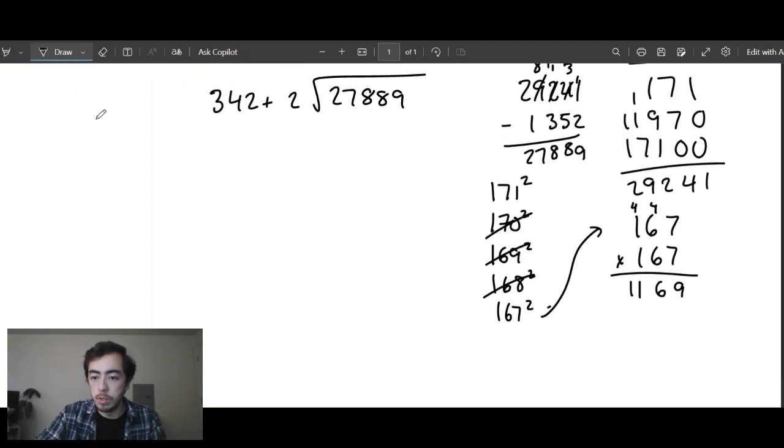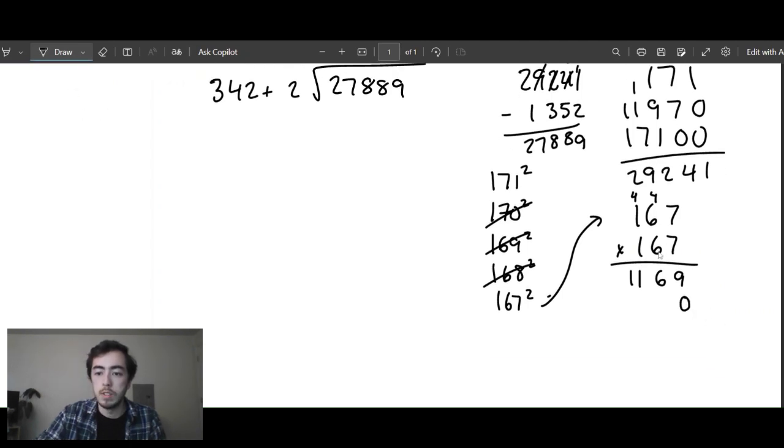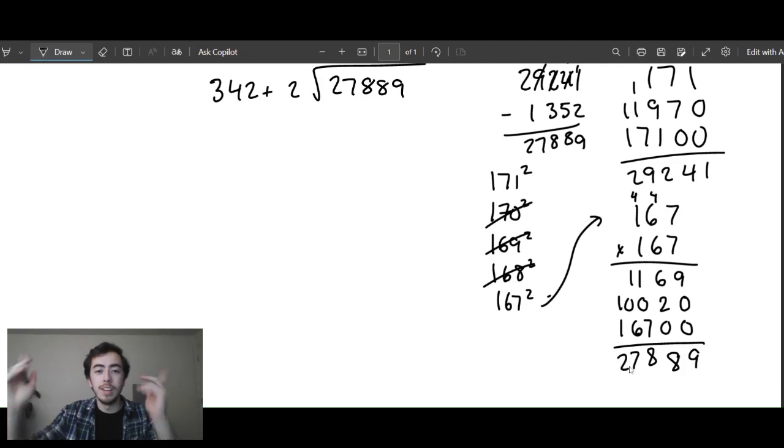Let's get a placeholder 0 going here. 6 times 7 is another 42. 6 times 6 is 36, plus a 4 is 40. 6 times 1 plus the 4 is 10. 2 placeholder zeros, and this is just a 1. So 1 times 167 is 167. 9 drops down. This adds up to 8. 8, 7, 2. And what do you know? That was actually the right number. Whew, okay, good.